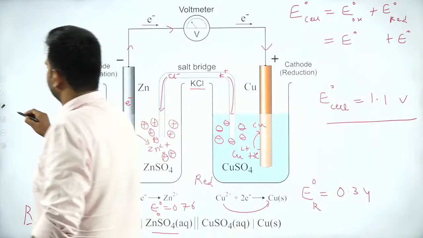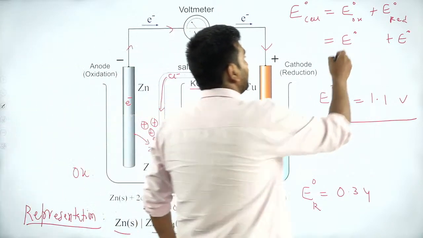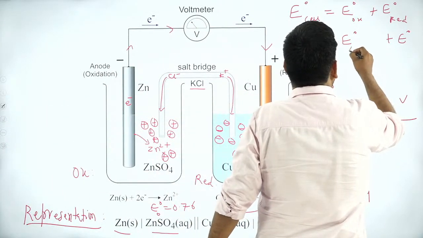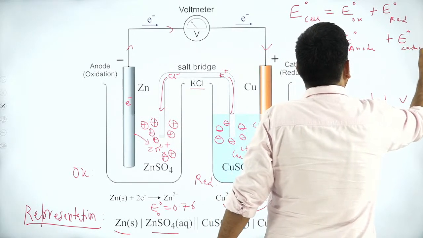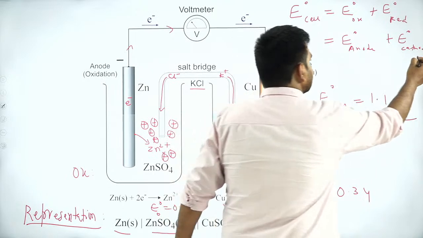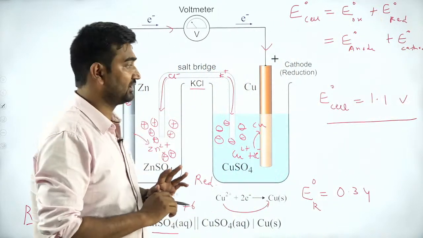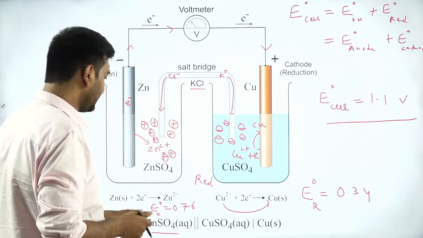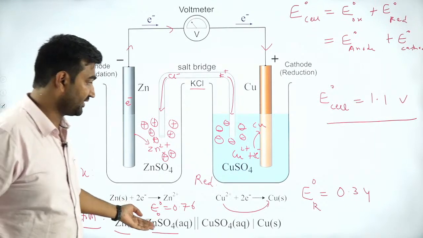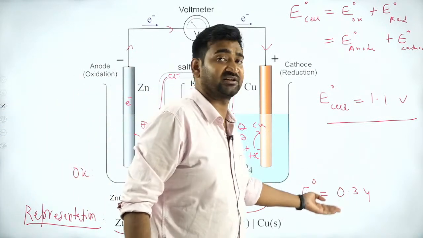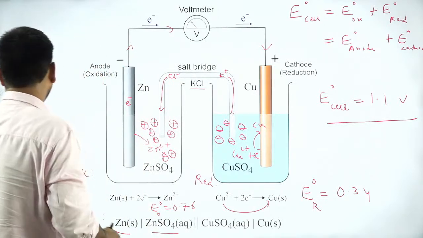For oxidation we have an anode, and for reduction we have a cathode. So when those equations are used, we directly add the E naught values. Like here I told you this E naught value is oxidation, and here this E naught value is reduction. So we can add both values and the answer is 1.1 volts.